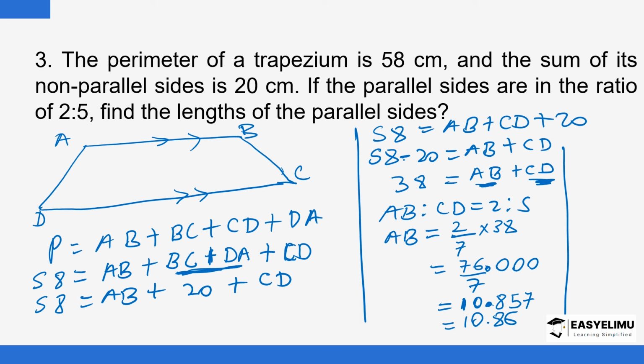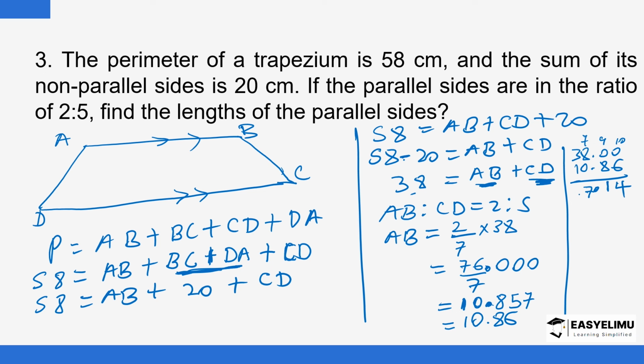So for us to find CD, we'll have to subtract this from the sum of the two, which is 38. So I have 38.00, and I'm subtracting 10.86. 0 minus 6, you borrow 1 from 8, it becomes 7; put it here, it becomes 10. 10 minus 5 minus 6 is 4. 9 minus 8 is 1. 7 minus 0 is 7.